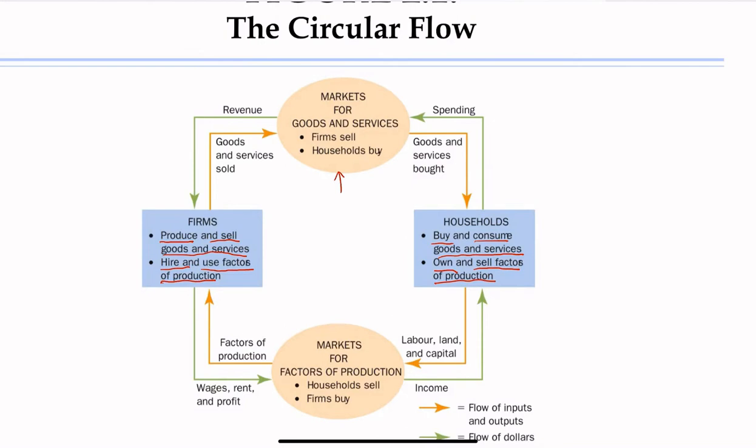So you can see the arrows here; it means that goods and services flow from the firms to the households, and the households will buy and consume these goods and services. So money flows from the households to the firms.